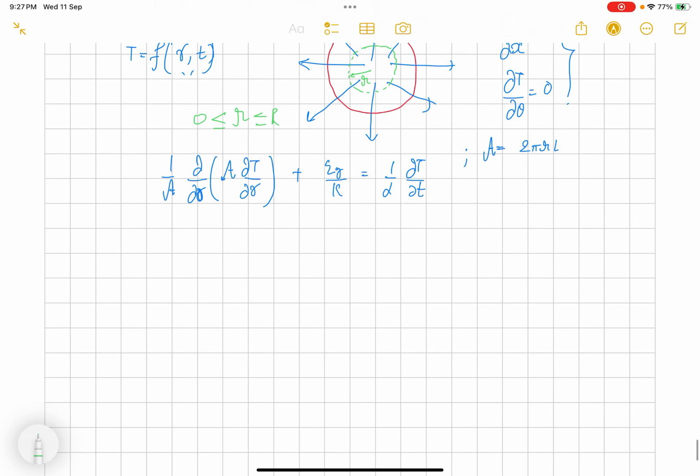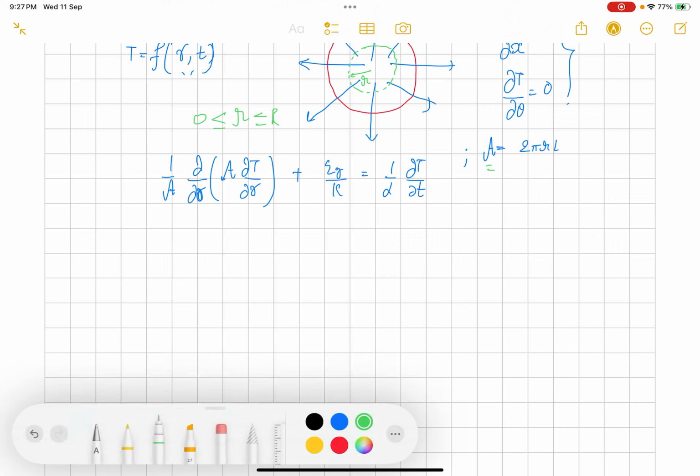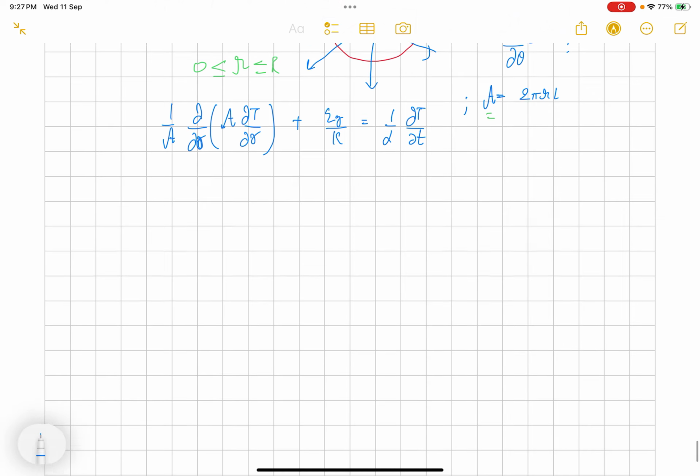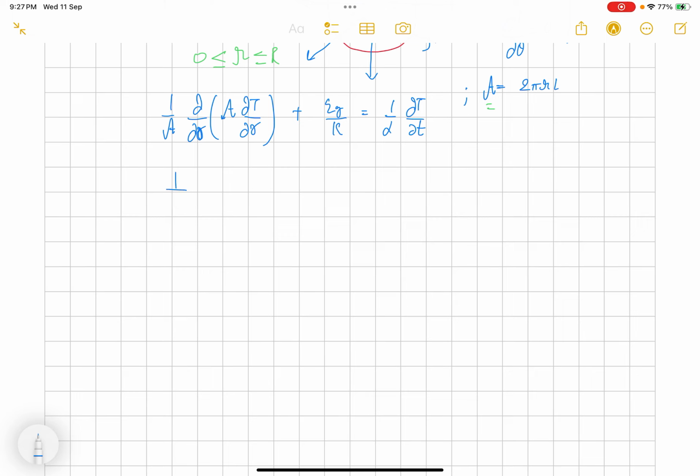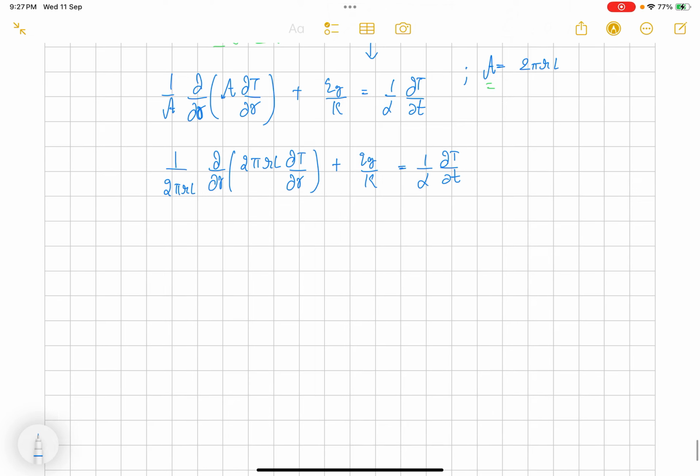So putting A as this value in this governing equation, we can have 1 by 2 pi RL del by del R of 2 pi RL del T by del R plus QG by K is equal to 1 by alpha del T by del t.